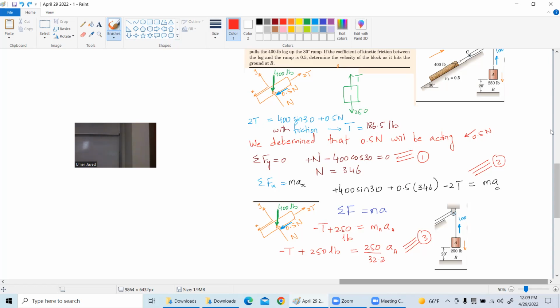Are you talking about this one written in black? The second equation. Yeah, this one. Yes. But if I say that the log is moving upward, it means that the tension should be greater than the downward forces acting. Shouldn't it be 2T minus 400 sine 30 minus 0.5 times 346 equals MA?